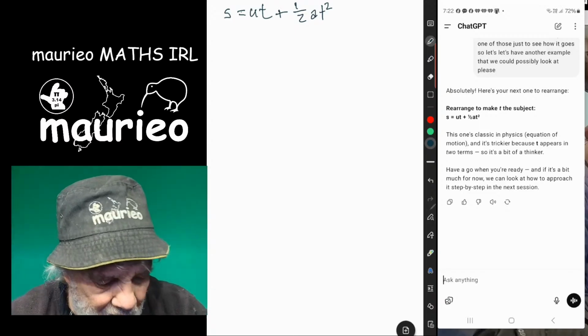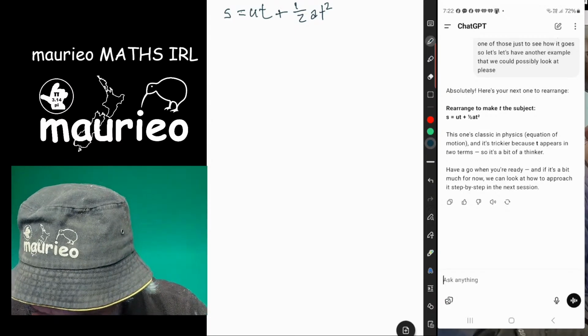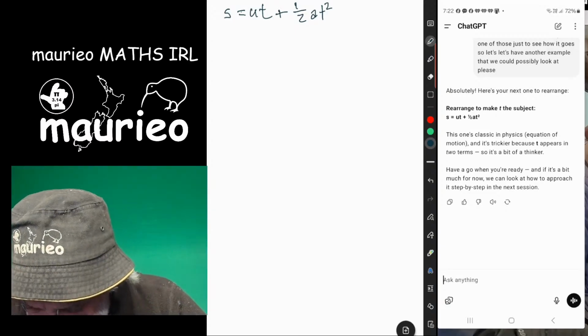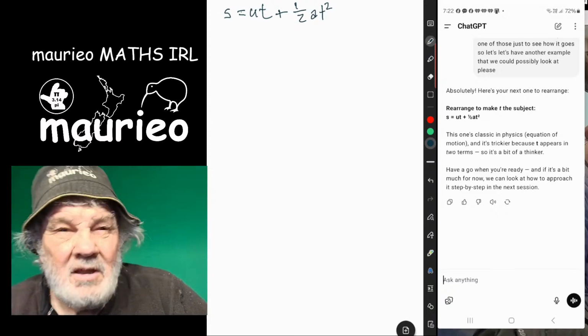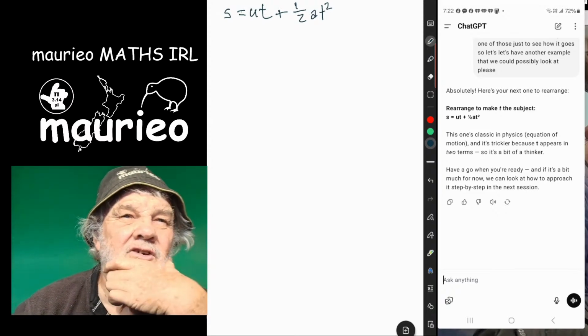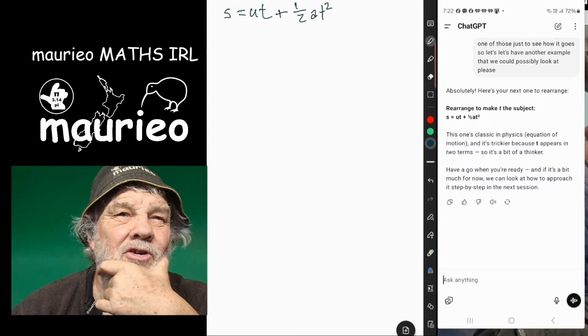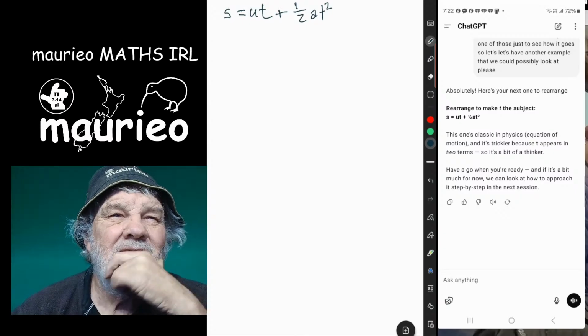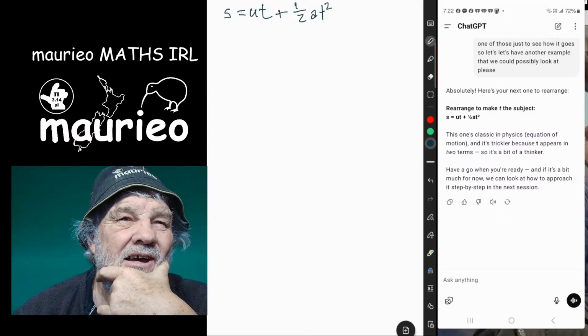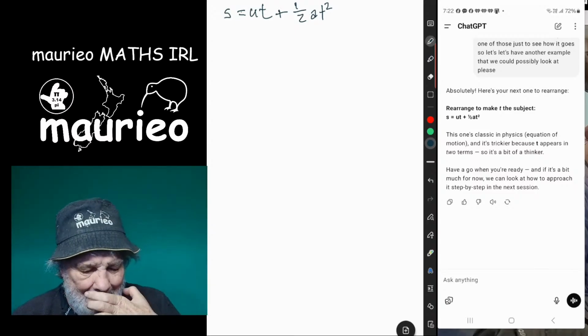So S equals ut plus a half at squared. This one's a classic physics equation of motion. It's trickier because t appears in two terms, so it's a bit of a thinker or a stinker. Have a go, and when you're ready, let's have a look and see what we can do.